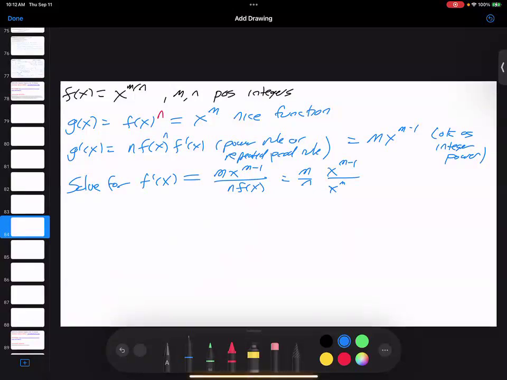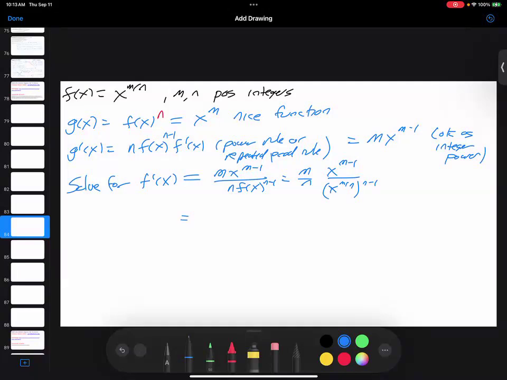Sorry, I dropped the n over here. And f of x to the n would just be x to the m. Did I make a mistake? Oh, sorry, it's n minus 1. There we go. Okay. Sorry, n minus 1. So we would have f of x to the n minus 1 below.